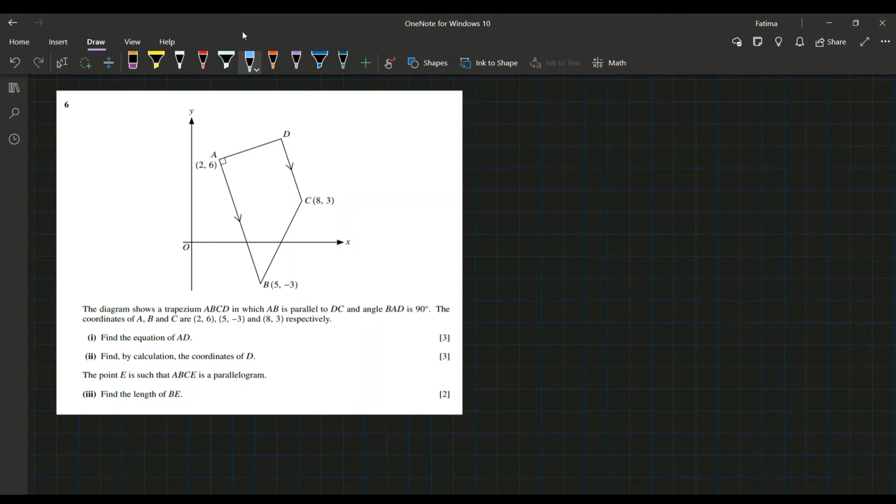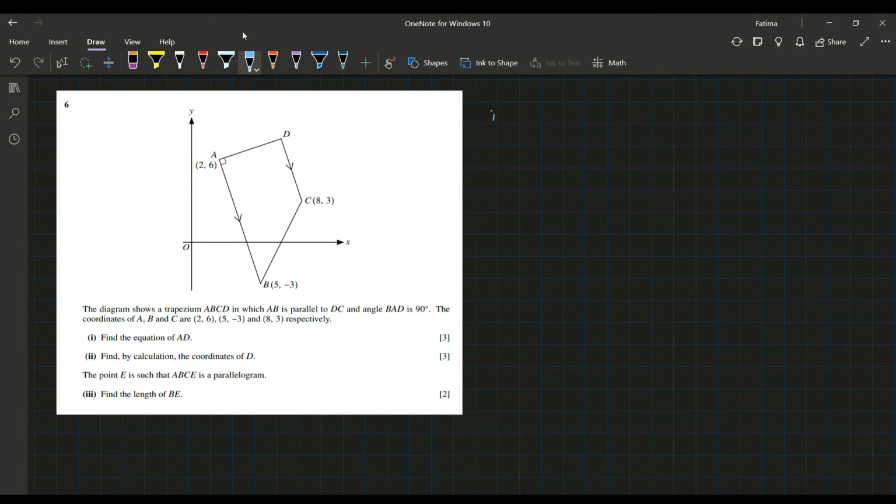But we do have the coordinates of A and B, so perhaps we can find the gradient of AB, and because AD is perpendicular to AB, we can apply the rule where m1 times m2 is equal to -1 to find the gradient of AD, and then we can use that in our equation y minus y1 is equal to m(x minus x1).